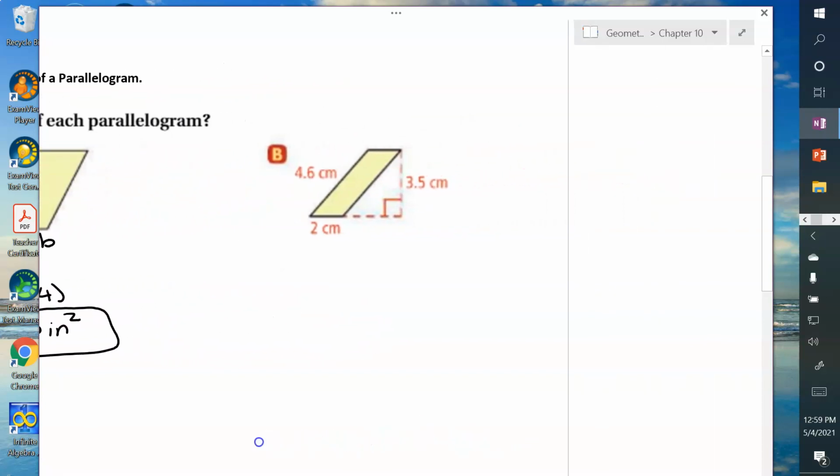And then take a look at B. This is one where the height is not inside the parallelogram. We had to do some extension lines to get us a perpendicular. So here's the height, the 3.5. That's our height. And our base is the 2. I don't need 4.6.